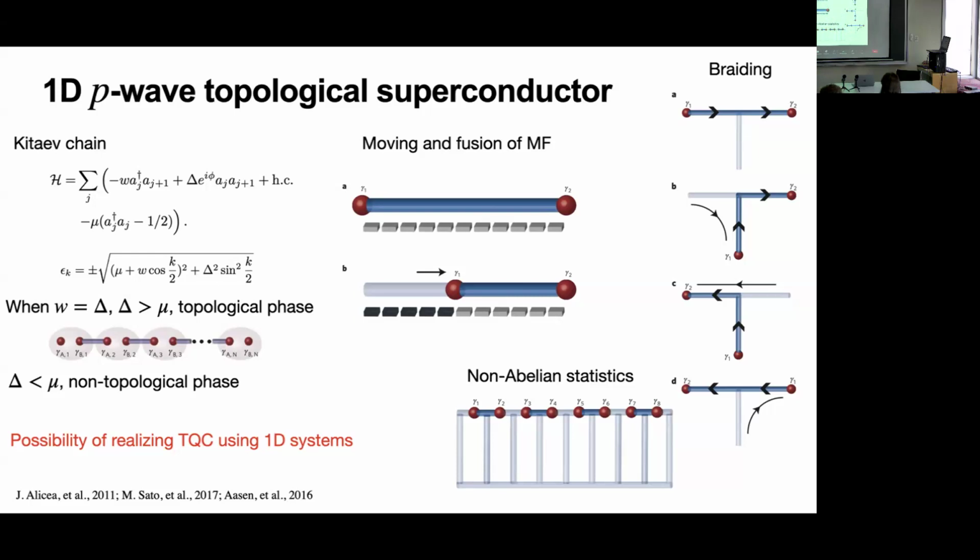If you consider some special parameter sets, for example when t equals delta, where the superconducting pairing is bigger than the chemical potential, this Kitaev chain is in the topological phase. That means these two red dots represent two Majorana fermions, and they collectively represent one electron site.